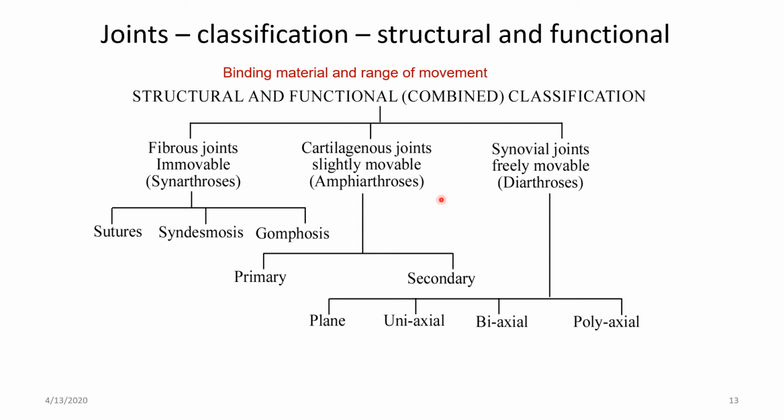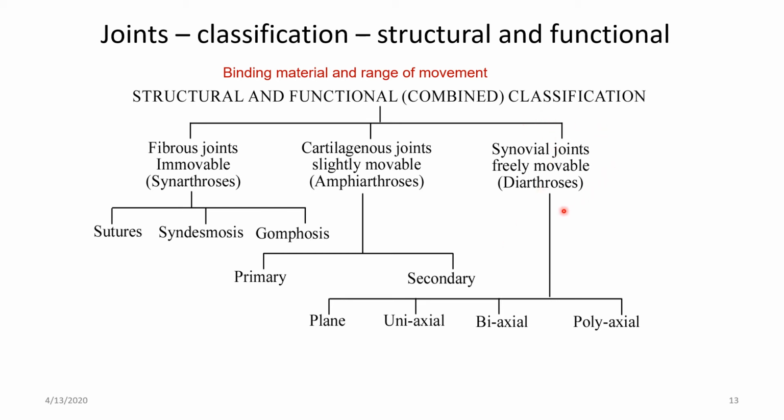Cartilaginous joints or amphiarthrosis are further classified into primary cartilaginous and secondary cartilaginous joints. So there are two types of cartilaginous joints, primary and secondary.